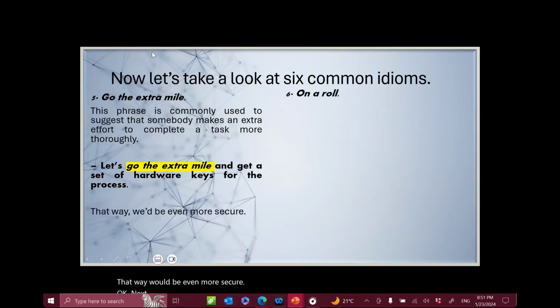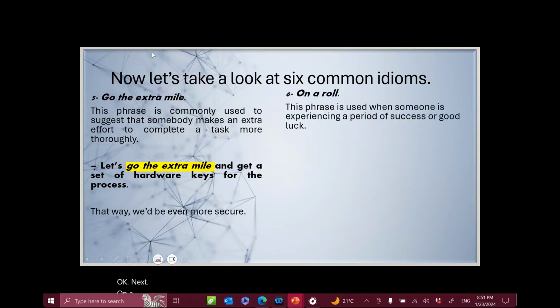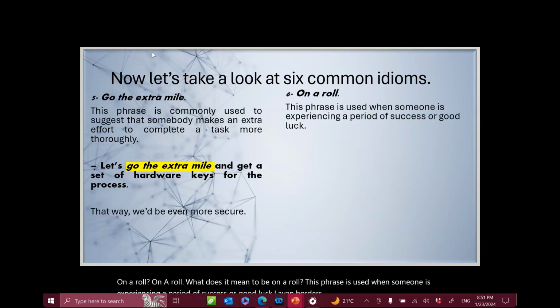On a roll. What does it mean to be on a roll? This phrase is used when someone is experiencing a period of success or good luck. طبعا برضو سمعناها فين في listening لما جت في الآخر خالص قالت له our company is on a roll nowadays and we do not want to lose our reputation.